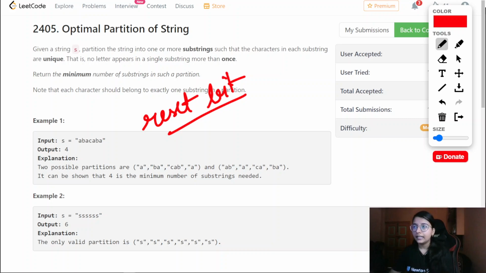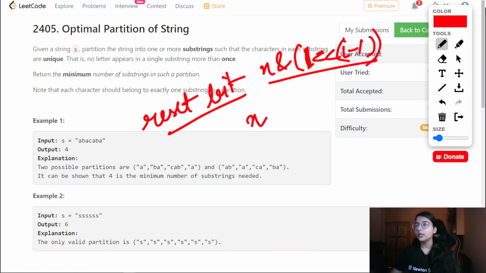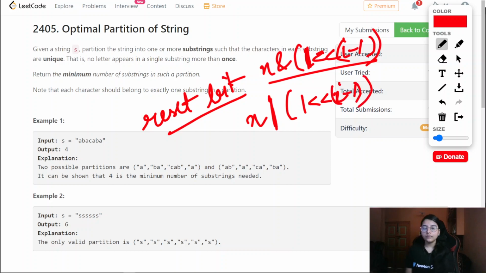Earlier we were doing AND by left shifting by I minus 1 for the ith bit. Now we will do the same thing, but with OR. Like this, we will be able to reset the bit. This is what we will be doing for resetting our bit.